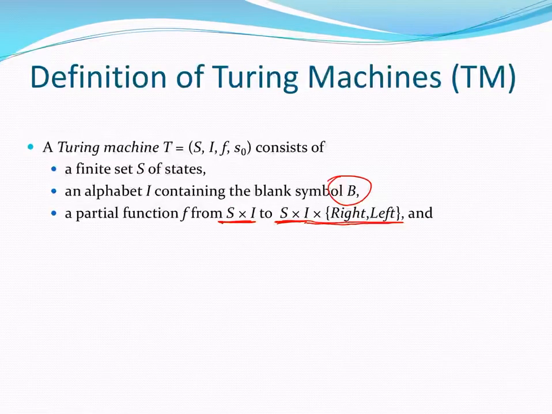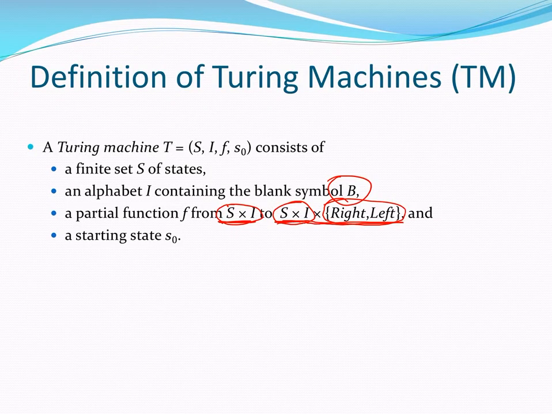So in the first two, it's very much like a finite state machine with output, but when we add the direction and the ability to change the input with our output, we really do get a more powerful machine.